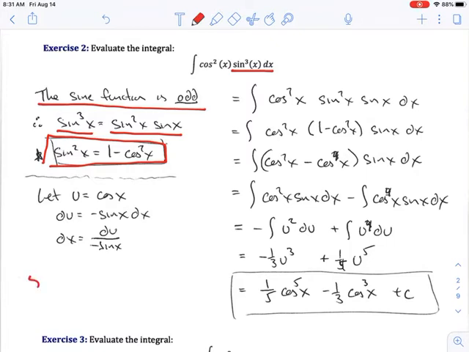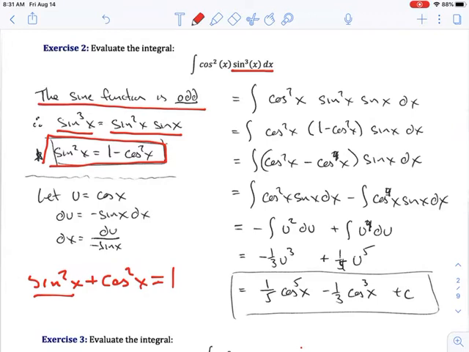And that comes from sine squared x plus cosine squared x equals 1, which is a version of the Pythagorean theorem. That's one of the Pythagorean identities in trigonometry. So we're just solving this for sine squared x equals 1 minus cosine squared x.